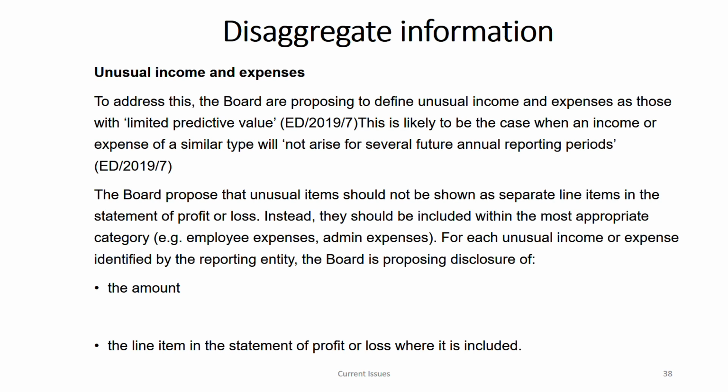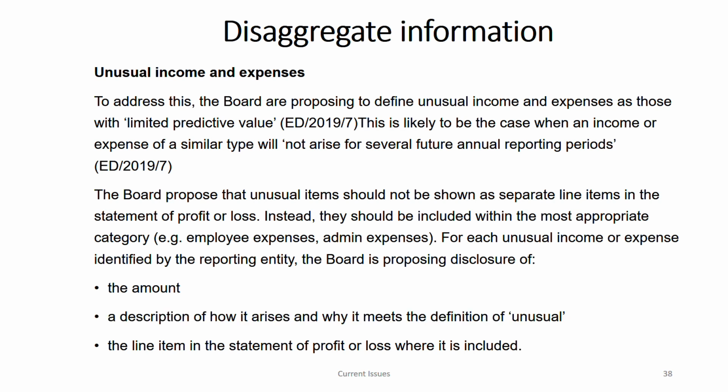What is the amount of that unusual income or expense? Very important. Second, description. You need to describe how it arises. Just giving the amount like normal income and expenses is not enough. Nature needs to be known: how it arose and why it meets the definition of unusual. Why are you saying it is unusual?